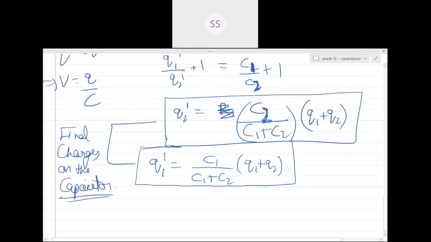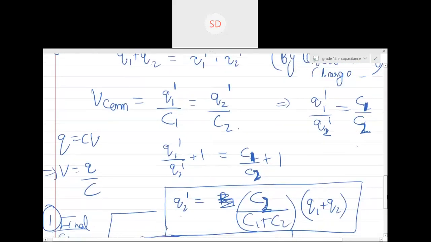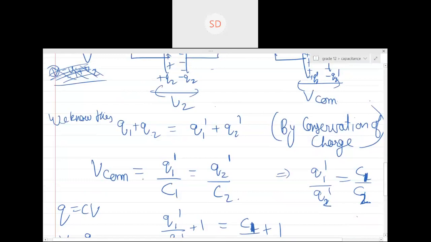The final charges on the capacitor. So this is the first set of formulas. The second set of formulas is basically the common potential. Can anyone tell me what is the common potential over here? It will be equal to Q2 dash divided by C2.